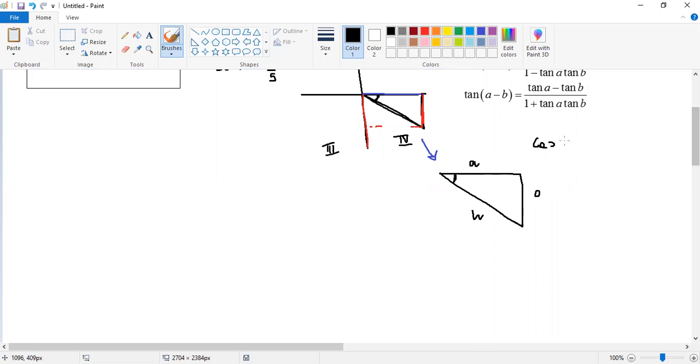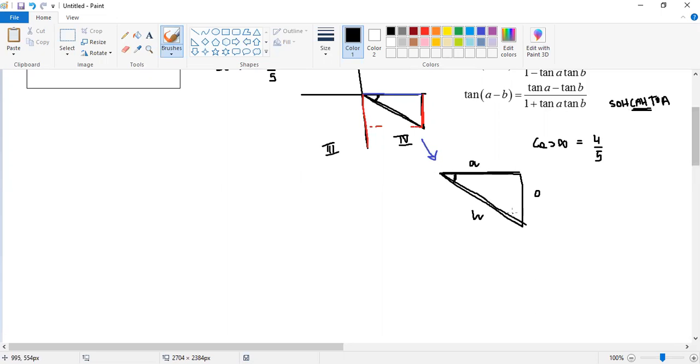So the cosine of some angle is equal to 4 over 5, right? Now, the thing that I want to draw your attention to is SOHCAHTOA, right? SOHCAHTOA tells us that the cosine is equal to the adjacent side over the hypotenuse side. So the cosine is equal to the adjacent over the hypotenuse of any particular angle.